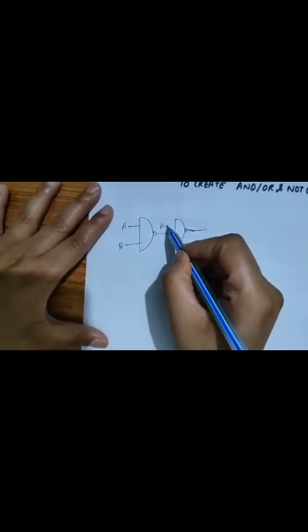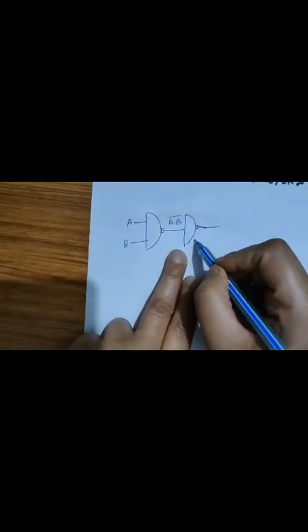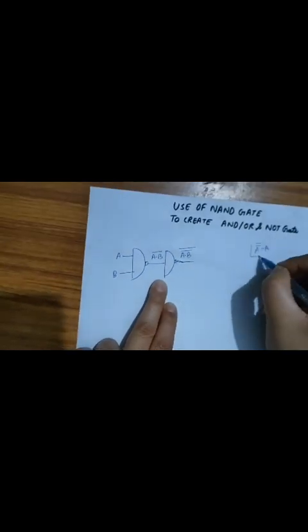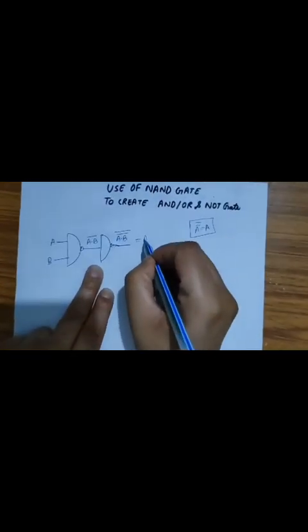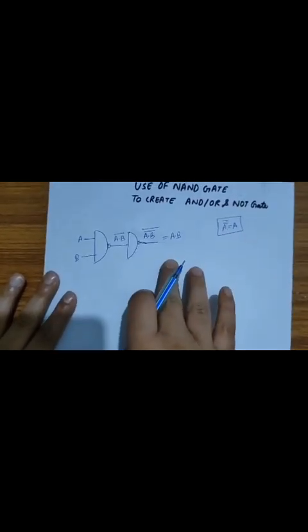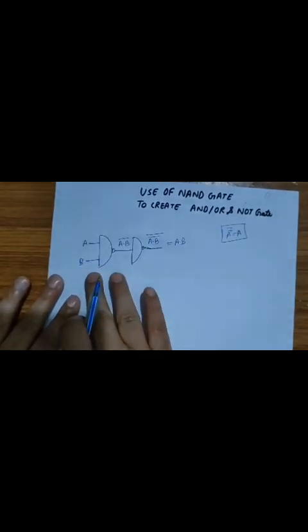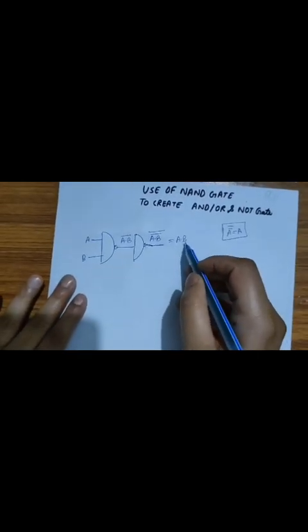A and B are inputs, so here it will be A dot B bar, and if we place another NAND gate, it will become A dot B bar, then again bar. So double bar A is equal to A; the complements cancel each other. So it is A dot B. So these two NAND gates, when placed in the given position, work as an AND gate.